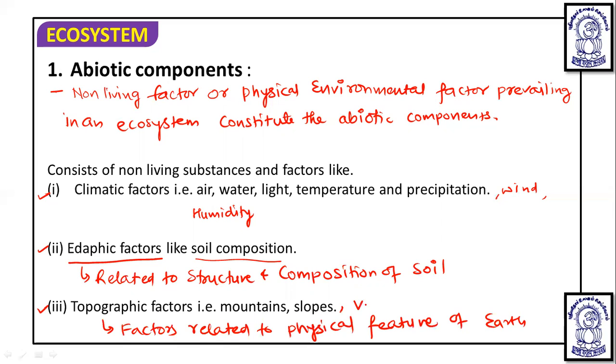We can add valleys, then plains, etc. are the topographic factors. So all these three, climatic factor, edaphic factor, and topographic factor, combinedly form the abiotic component, or non-living component of the ecosystem, or we can simply say these are the abiotic factors.